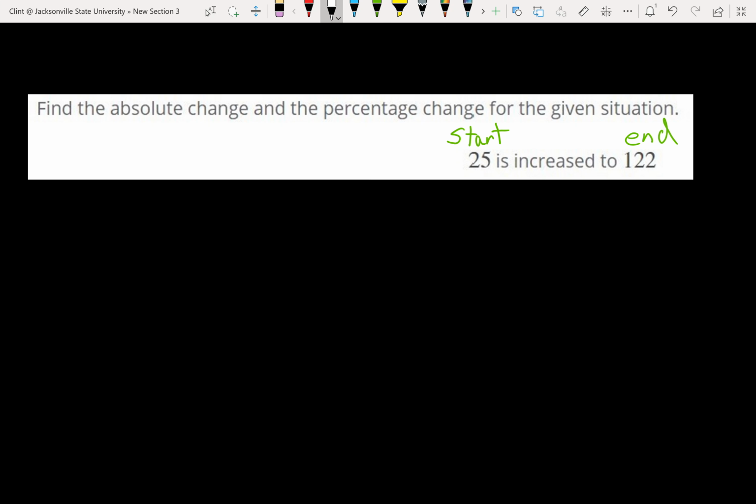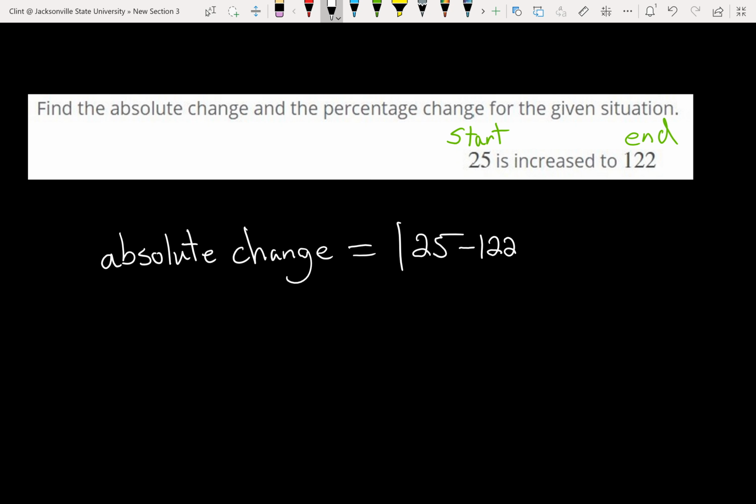To find the absolute change, we're going to take the absolute value of what we get when we subtract. 25 minus 122 gives us negative 97. But we're going to make it positive, take the absolute value, so our absolute change here is 97.